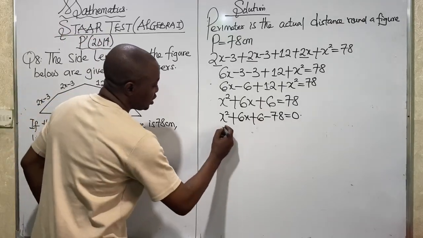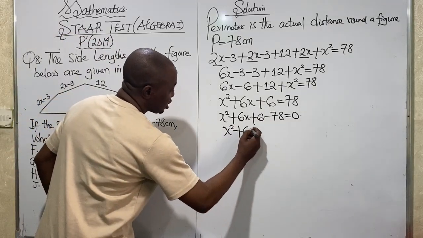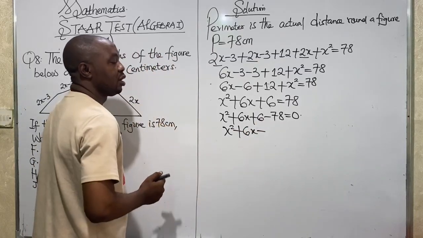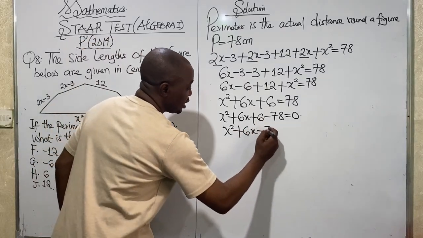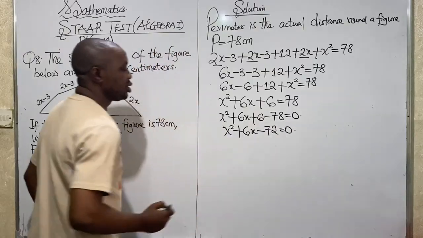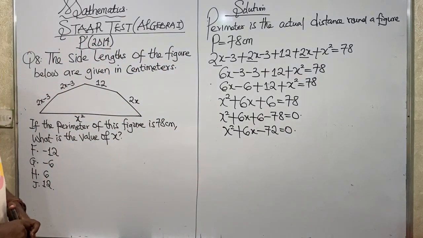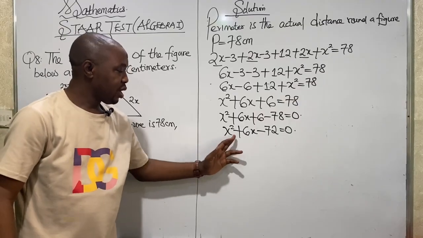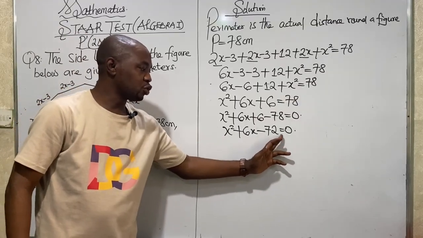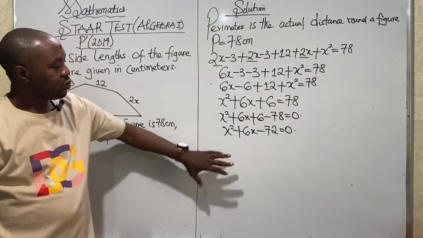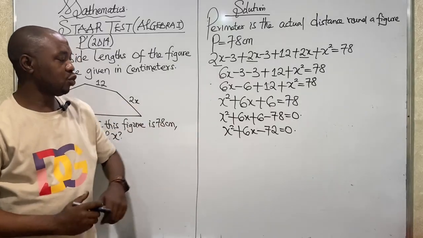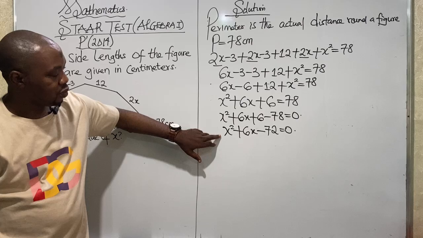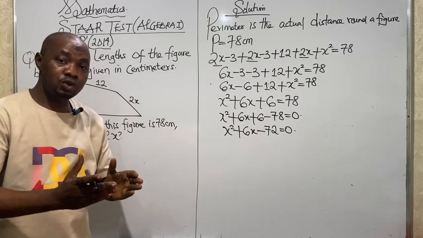So this will be x squared plus 6x, now plus 6 minus 78, that will be negative 72, equals 0. Now we have x squared plus 6x minus 72 equals 0. To solve this quadratic equation, we need to first find our product of roots.